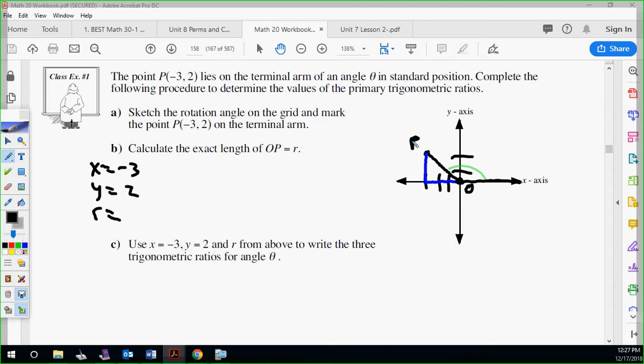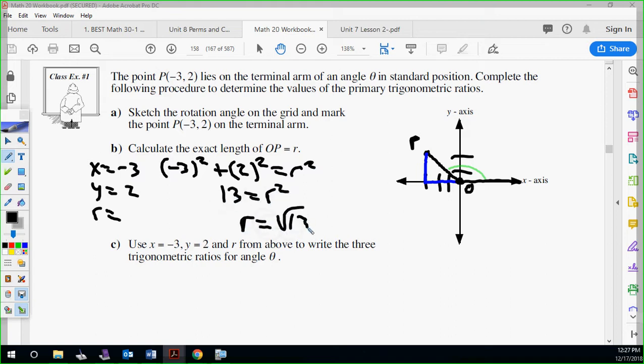So you can leave the negative in there because you're squaring it, so it's not really going to affect your answer if you do it negative or positive, because it's going to be positive either way when you square. So it's going to be 9 plus 4, so you're going to get 13. So then r is root 13. In this case, that's OP. Okay. Questions on that?